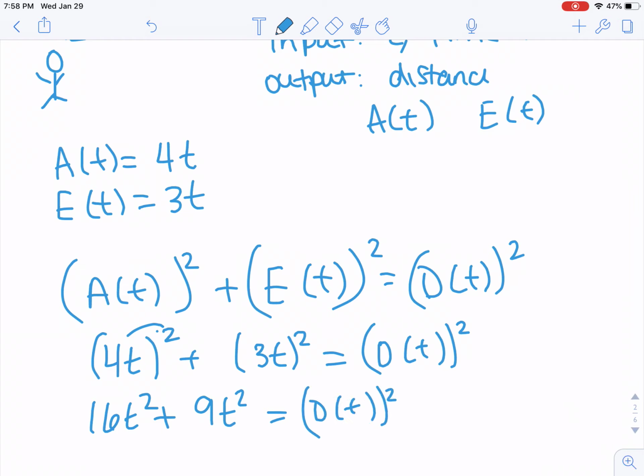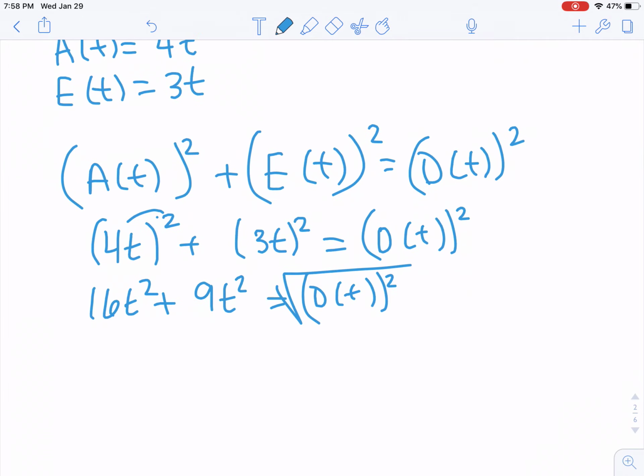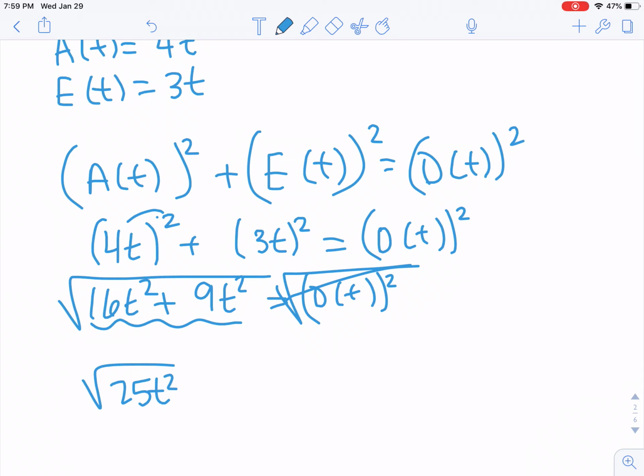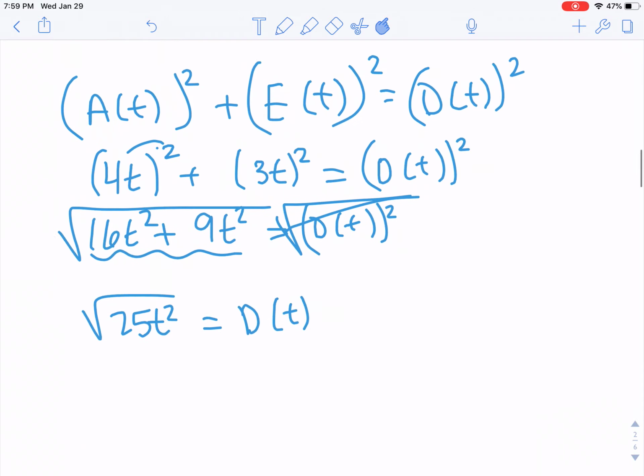To get rid of the square on this side, I'm going to square root both sides. So 16t squared plus 9t squared, that's 25t squared, is going to be the distance between the two of them.